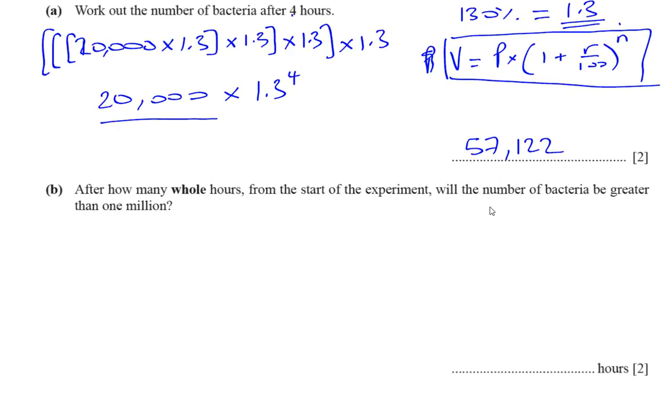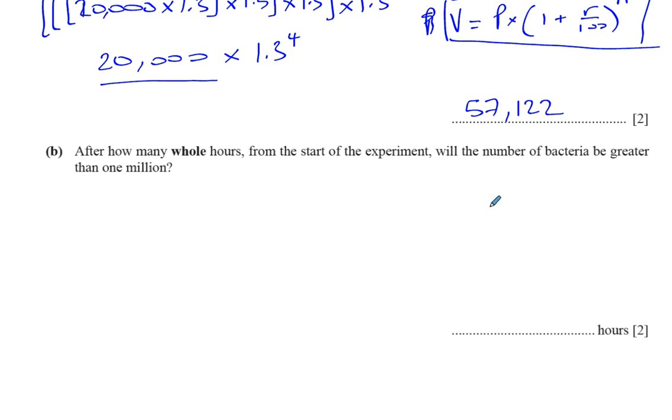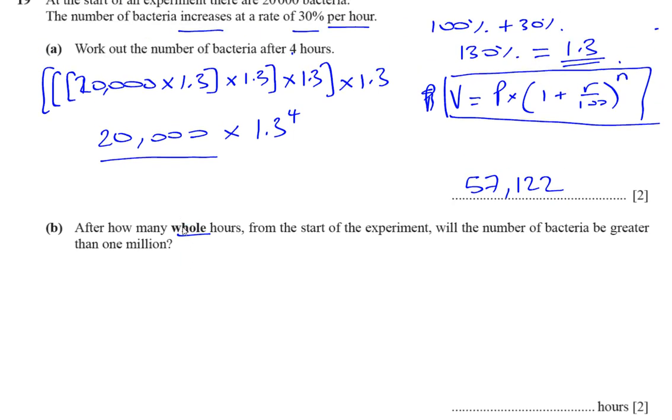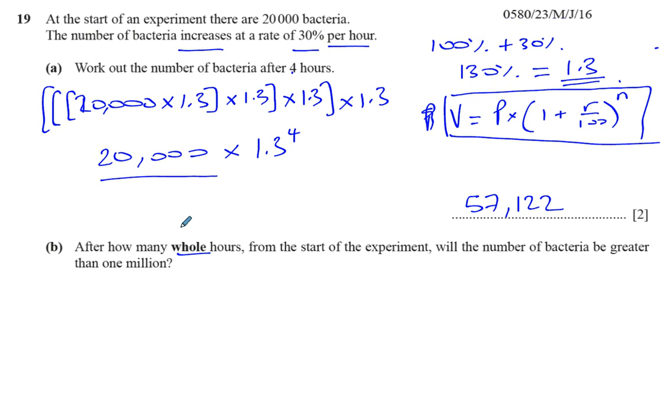Part B says: after how many whole hours from the start of the experiment will the number of bacteria be greater than 1 million? Now again, this is something new in the syllabus. Here we have to use trial and error. We don't have any other method from the IGCSE syllabus apart from trial and error.